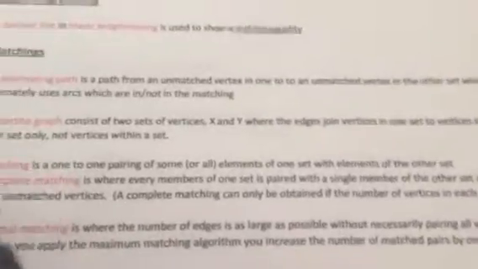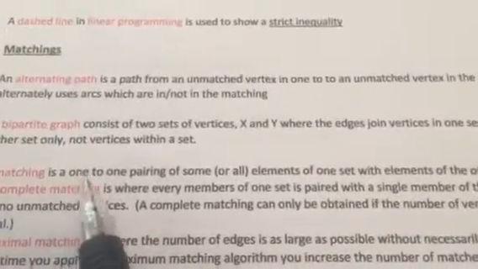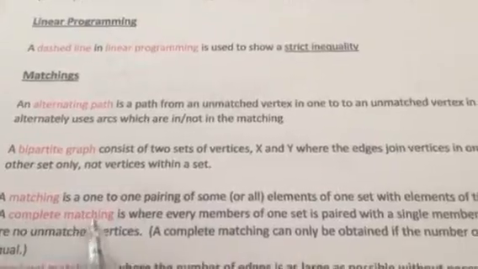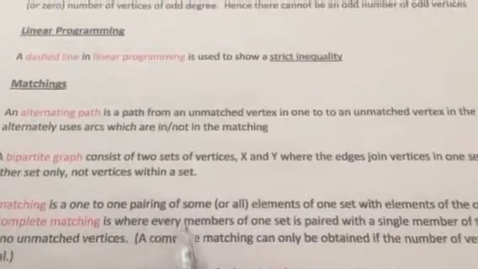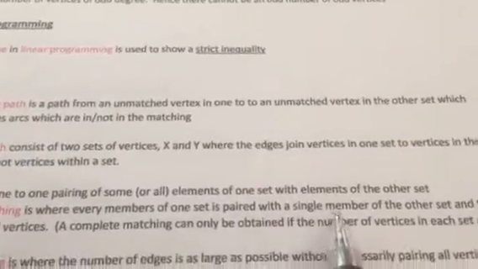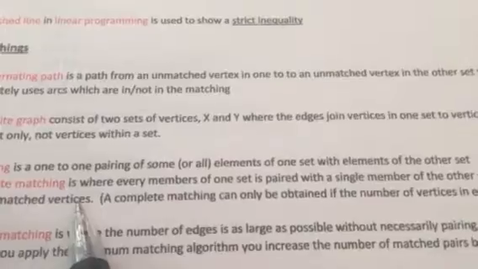There's definitions for matching. A matching is a one-to-one pairing of some elements of one set with elements of the other set. A complete matching is where every member of one set is paired with a single member of the other set, and there are no unmatched vertices.